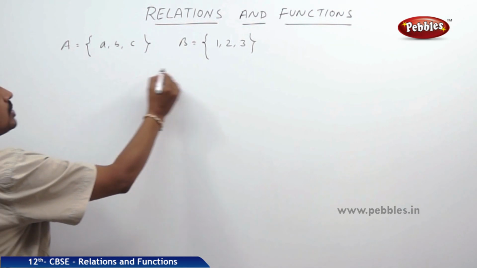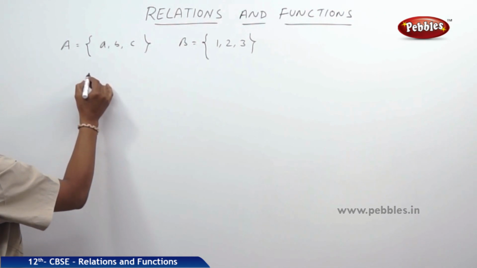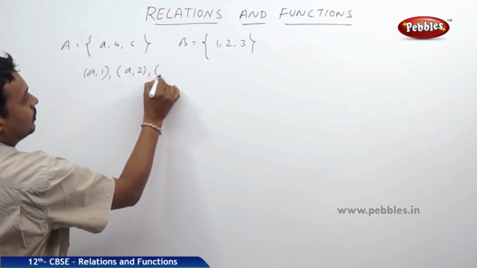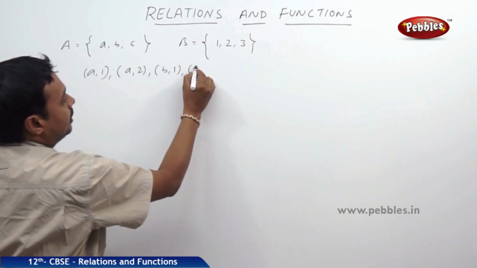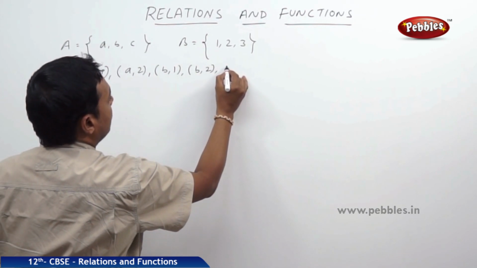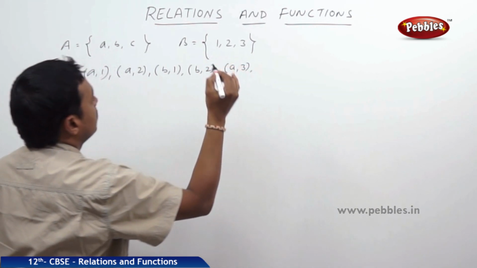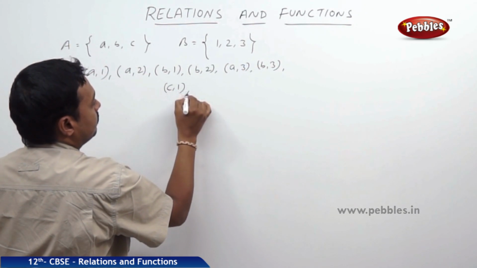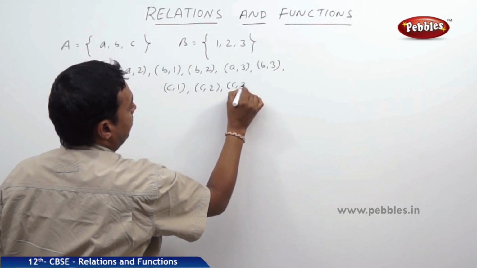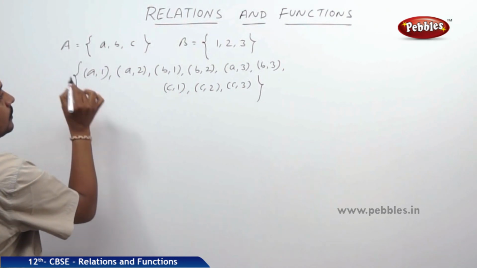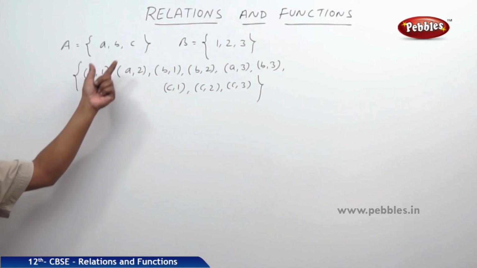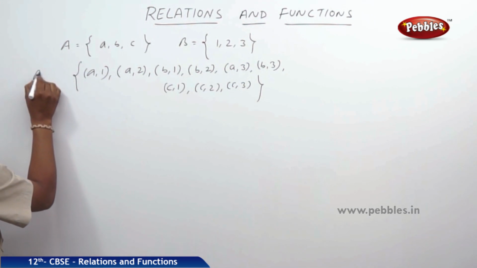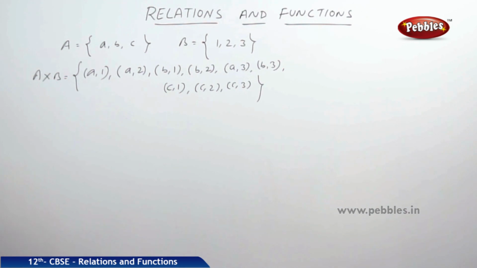Now we can make possible ordered pairs from these two sets: (a, 1), (a, 2), (b, 1), (b, 2), (a, 3), of course (b, 3), and (c, 1), (c, 2), (c, 3). Now these are the possible ordered pairs that are defined from A to B. Hence, this is a set known as Cartesian product A cross B. Now this is one example.